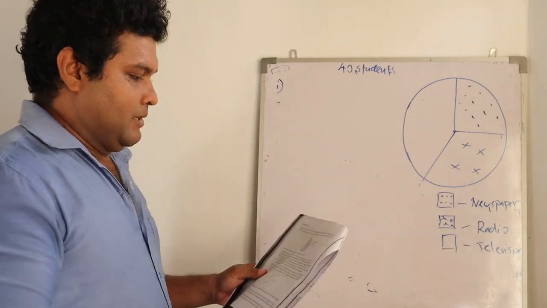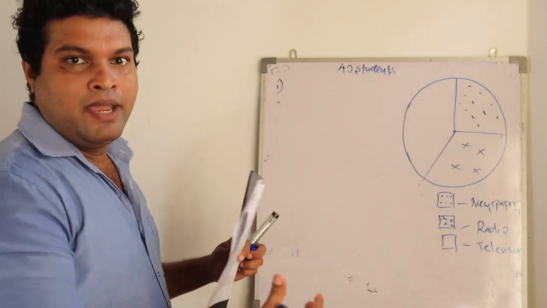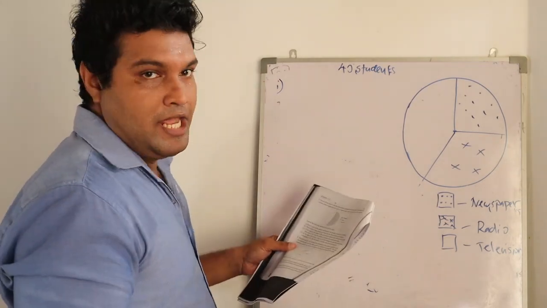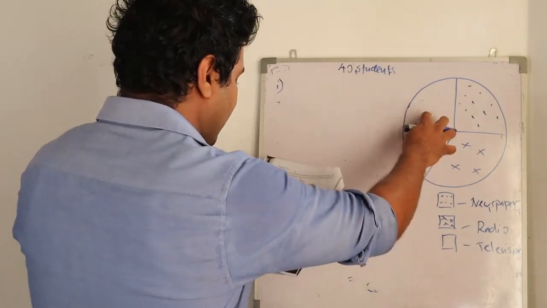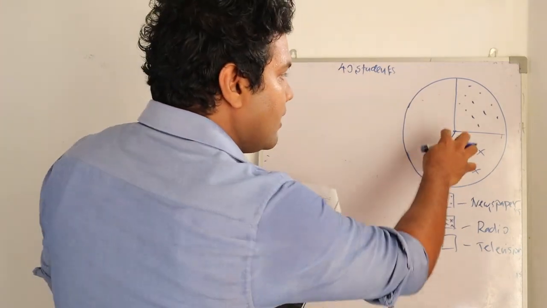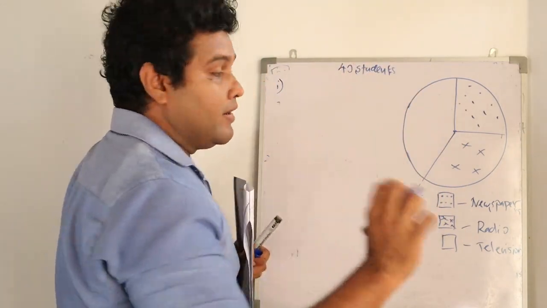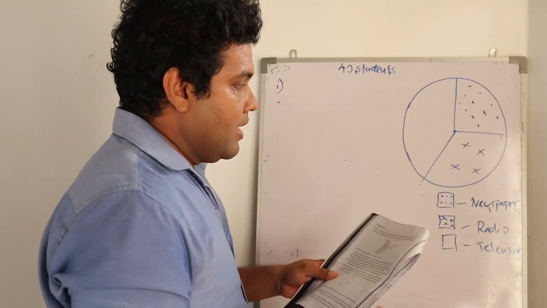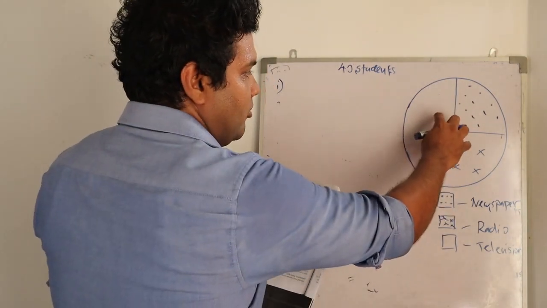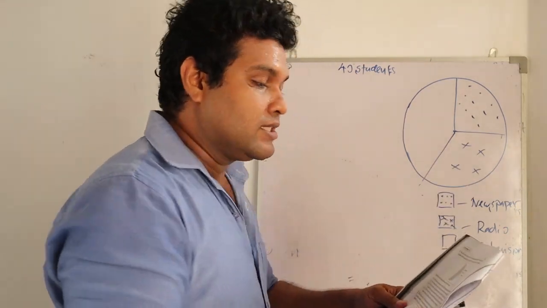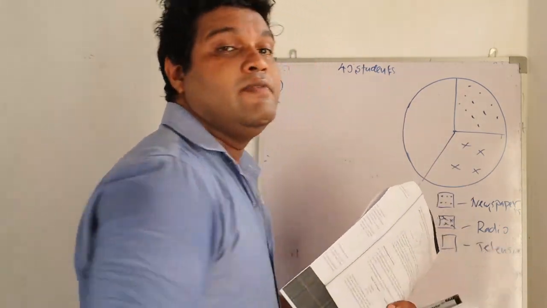Looking at the pie chart, we can just judge by eye the greatest media. What is the greatest part? This sector is the part that represents the greatest one. Therefore, the white color denomination represents the television. Therefore, your answer should be television.